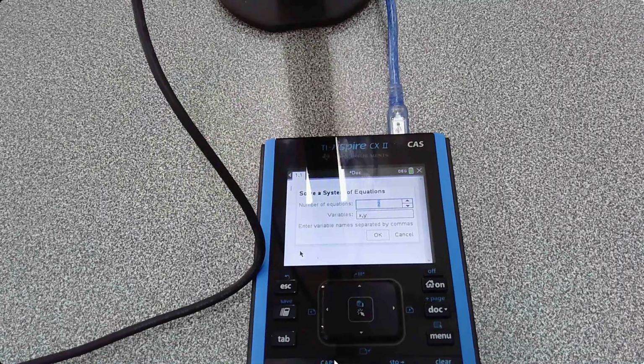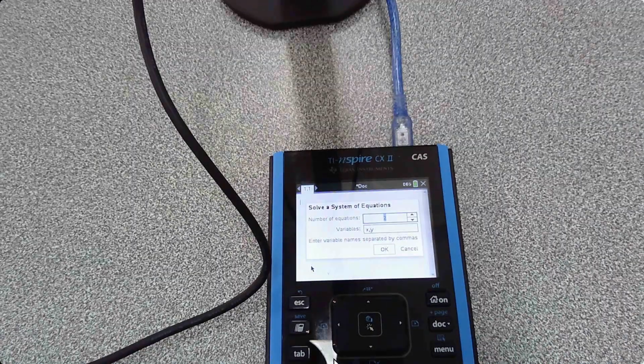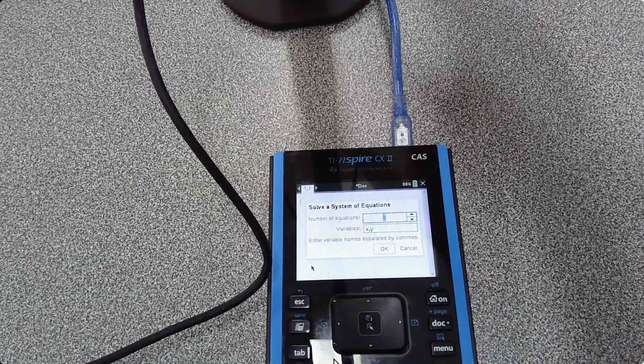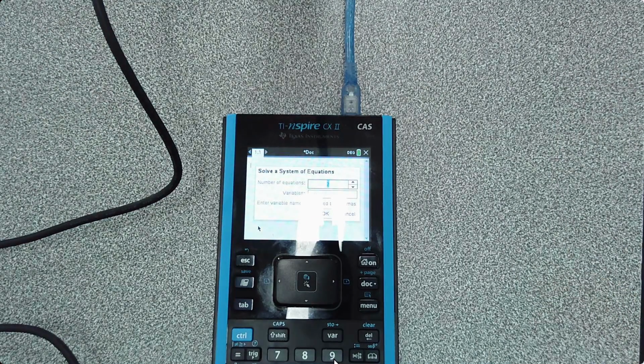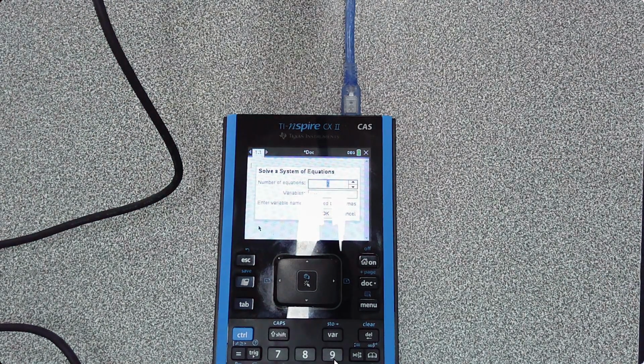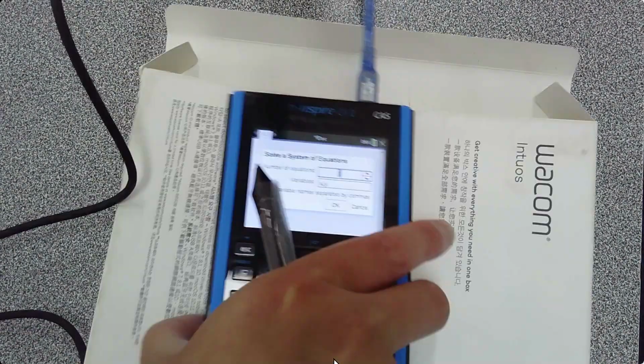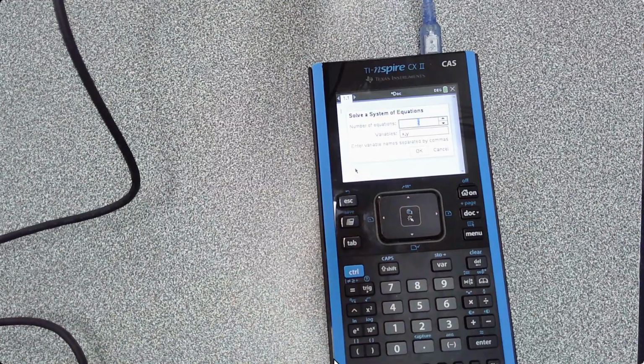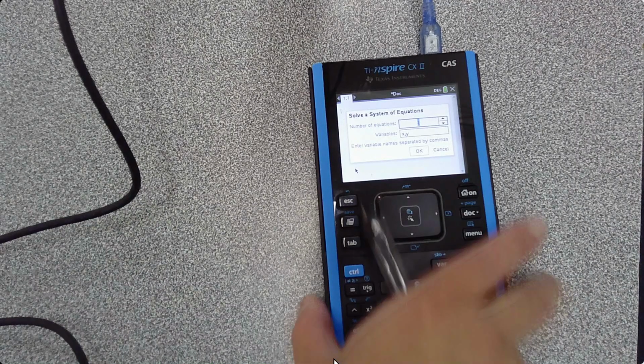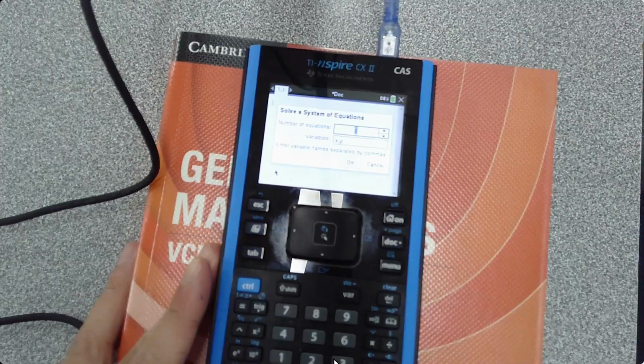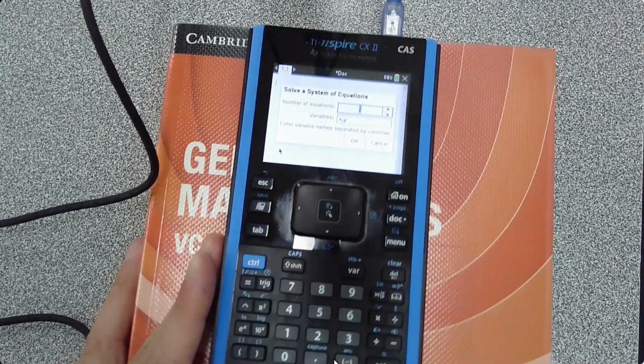All right, so you can't really see that, can you? Let's see if this helps. Maybe if I elevate it a little bit. Can you see that?